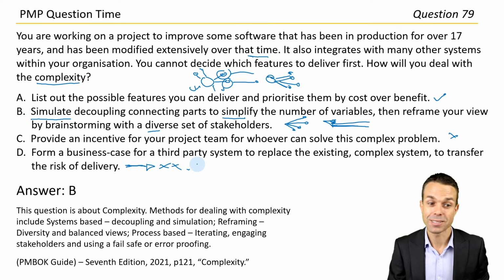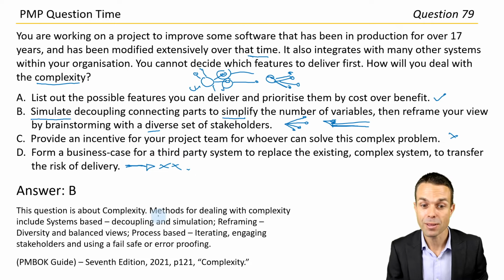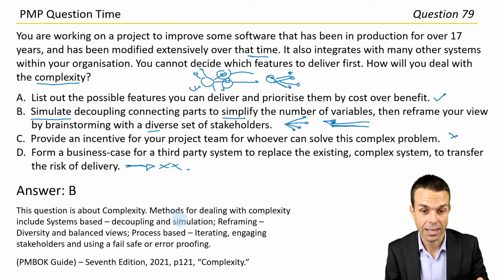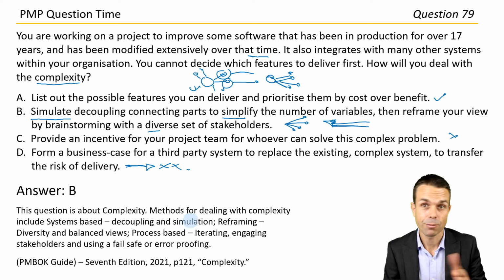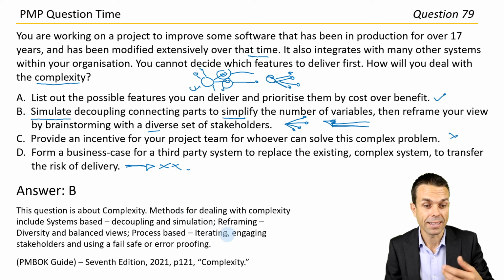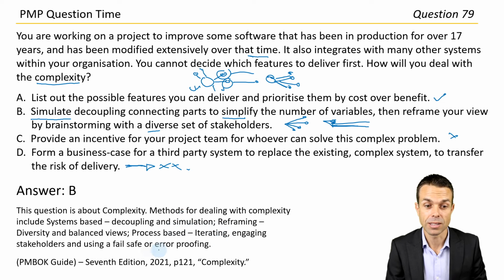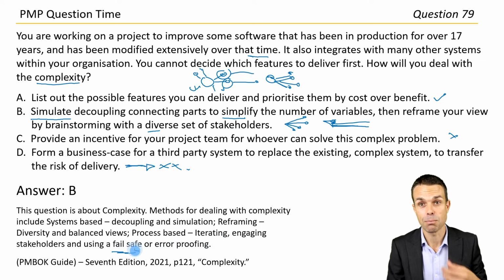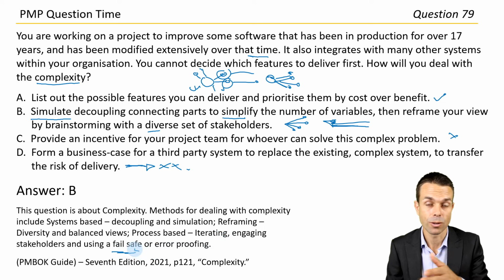Excellent. All right, this question is on complexity, and methods for dealing with complexity include systems-based decoupling and simulation, reframing by getting diversity and balanced views, process-based, so iterating forward, engaging stakeholders, and using error-proofing or a fail-safe. So how can we make it impossible to make a mistake, or something stops if it has an error?